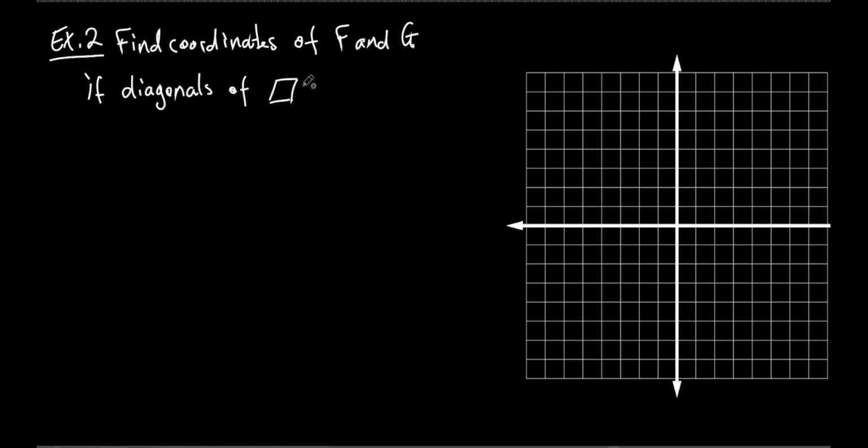That's our little symbol for parallelogram, EFGH. So they tell you you're going to have a parallelogram, and they intersect. The diagonals intersect at point T, and they tell you what point T is. It's 3, 2.